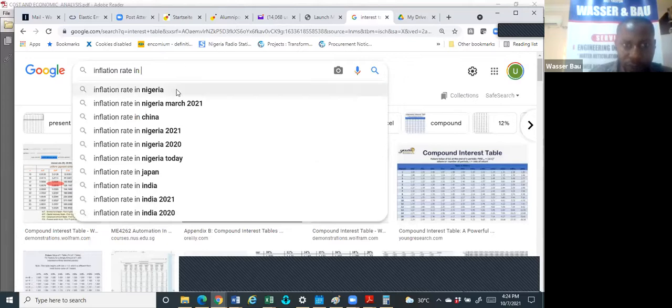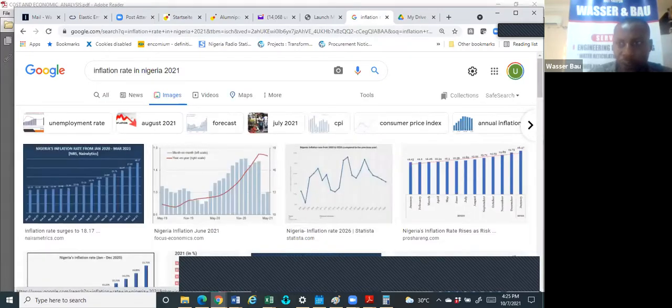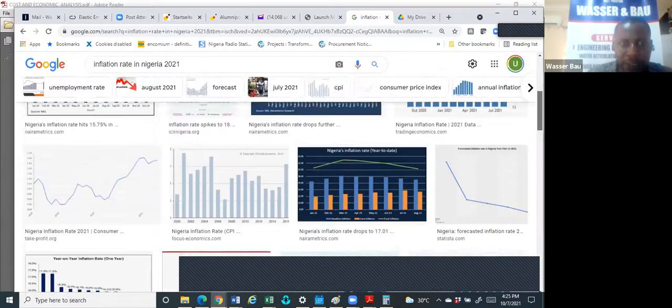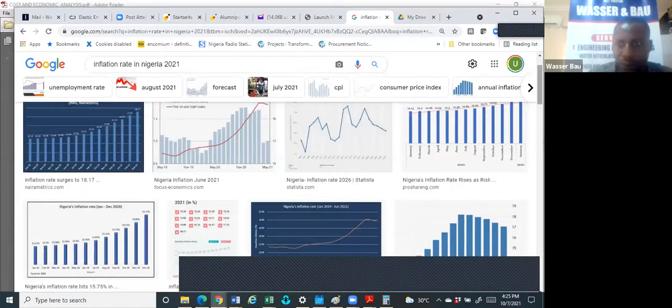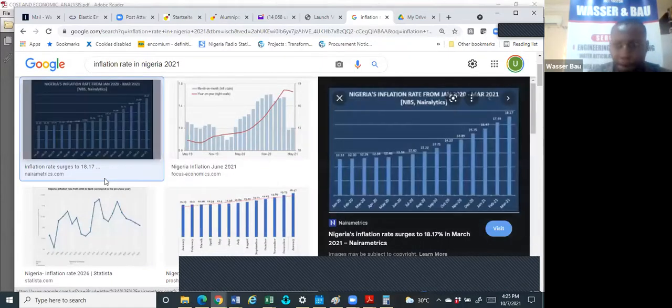Oh, it's there already. So this is our inflation rate and value. Hold on. Look at it here. I'm wrong. 18. So inflation rate is 18.1% as at March.